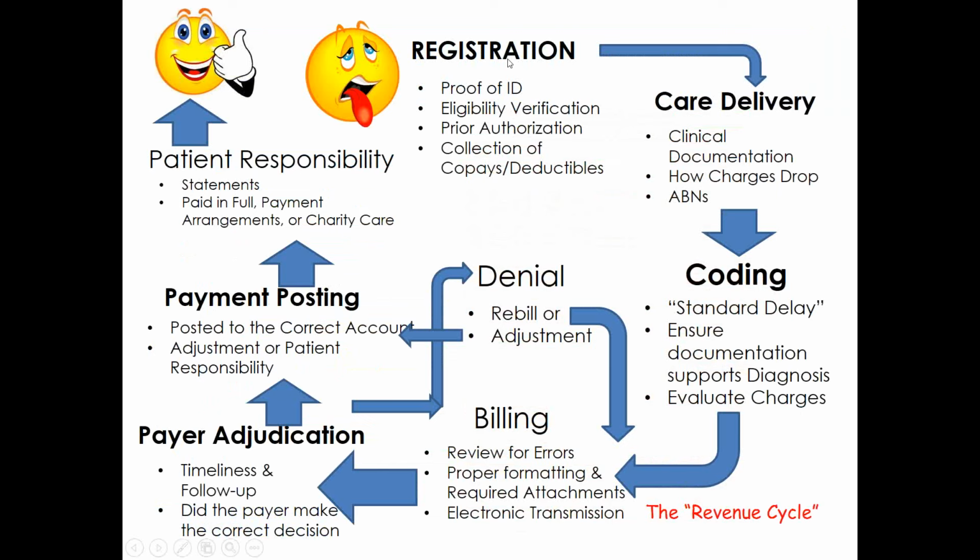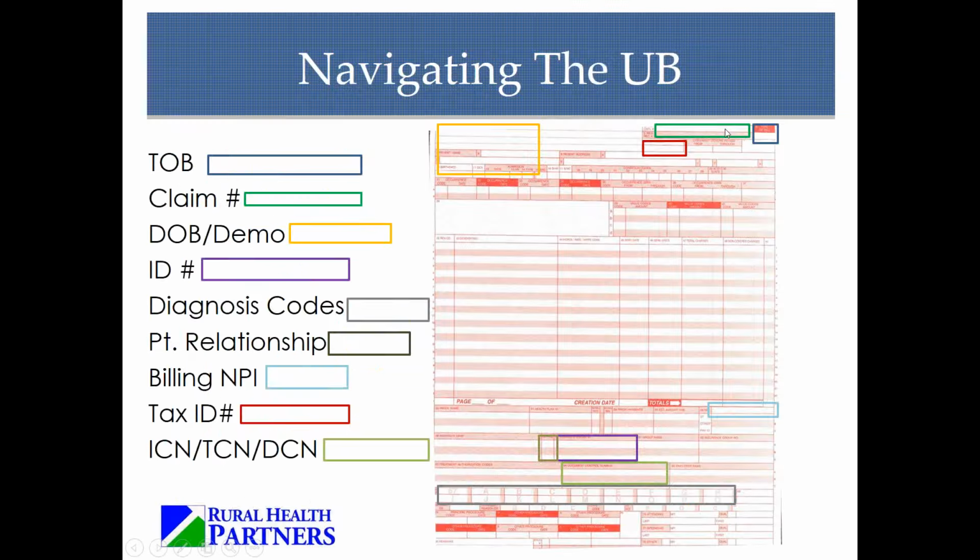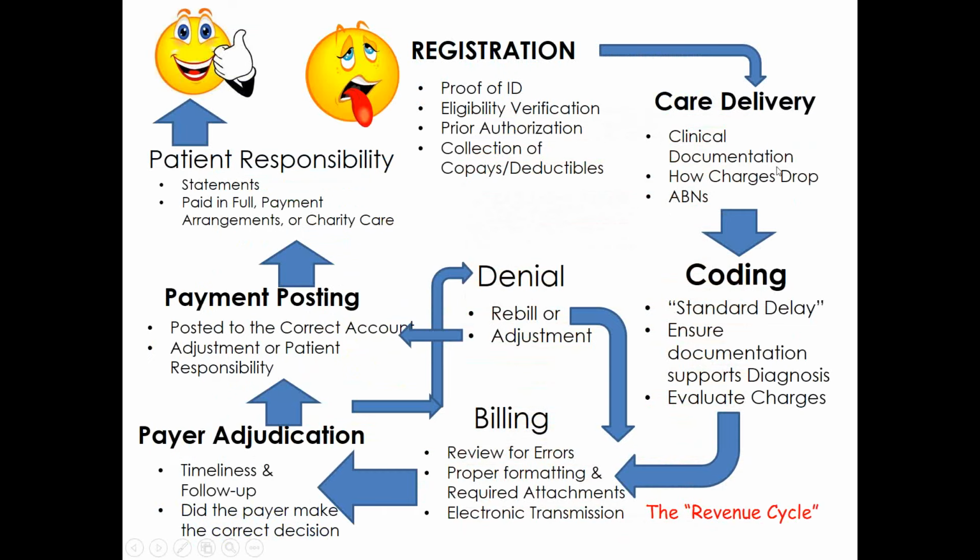So the patient, we successfully register them, they get a face sheet, and then they go back and receive care from the hospital. This says that we have to have good clinical documentation in order to be able to bill for the charge, and our folks in HIM coordinate and review the provider's documentation to make sure that we've documented what we need to be able to legally bill.